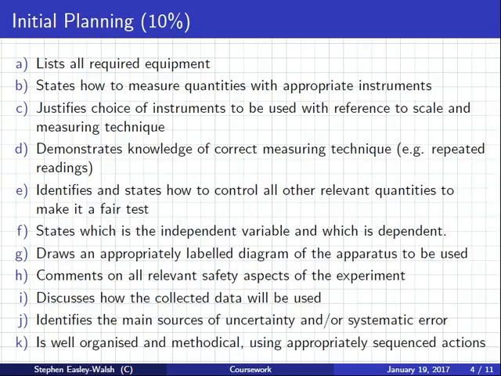Physics one isn't really like that. It's a bit more, this is what you do, this is what you need to be careful about, do the experiment, collect the data, and then talk about any problems at the end. It's more like this. Okay.